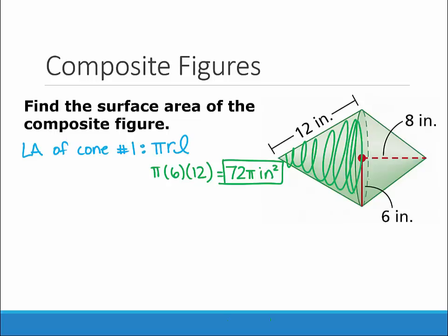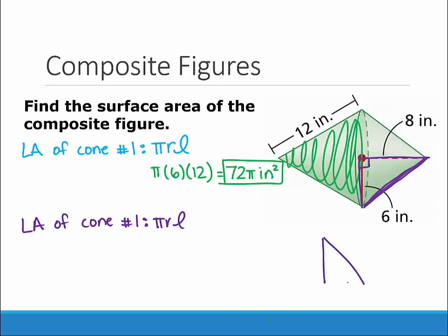So now I got to find the lateral area of the other one. And the formula is exactly the same, except it's not as easy because we don't have all the parts. We don't know this slant height here. But just like the last problem that I talked about, they made a nice, pretty right triangle here. So if we take this out and use Pythagorean theorem, we can find that length. So 8 squared plus 6 squared equals x squared. If we do some algebra, we end up with this being 10.